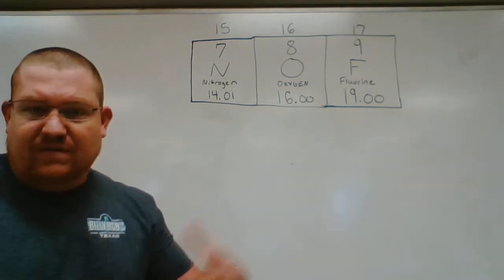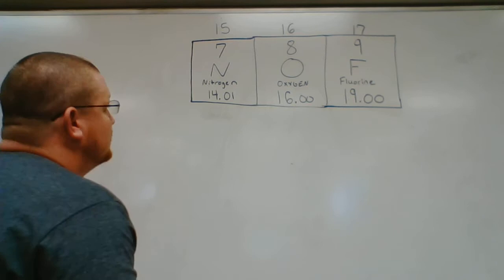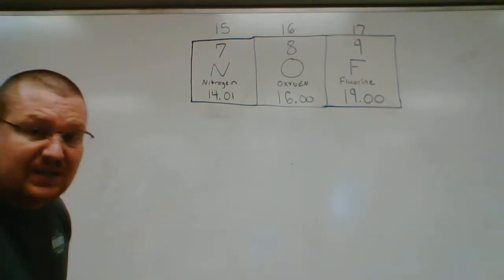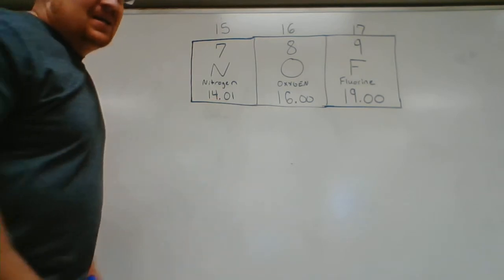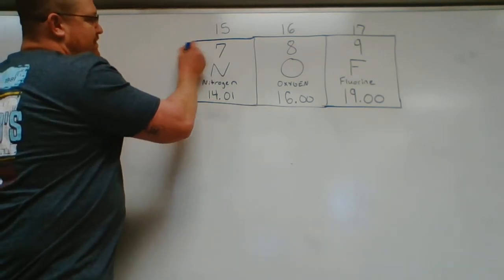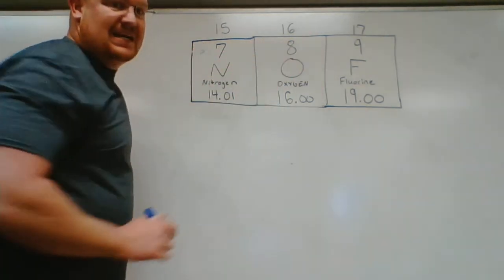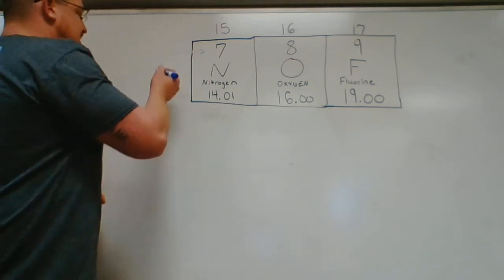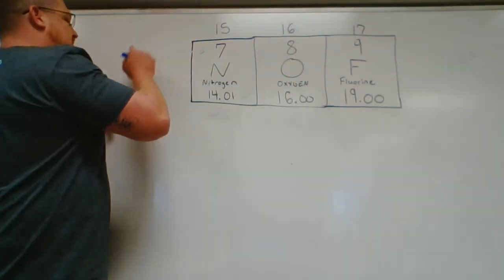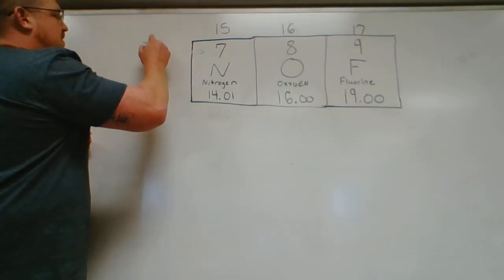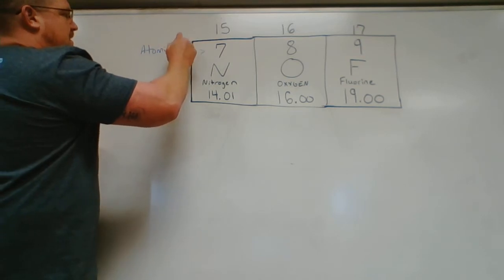So, in reviewing, we have a couple things available to us. This is like three things off the periodic table, in order. We have these top numbers here, 7, 8, 9. This is going to be our atomic number.